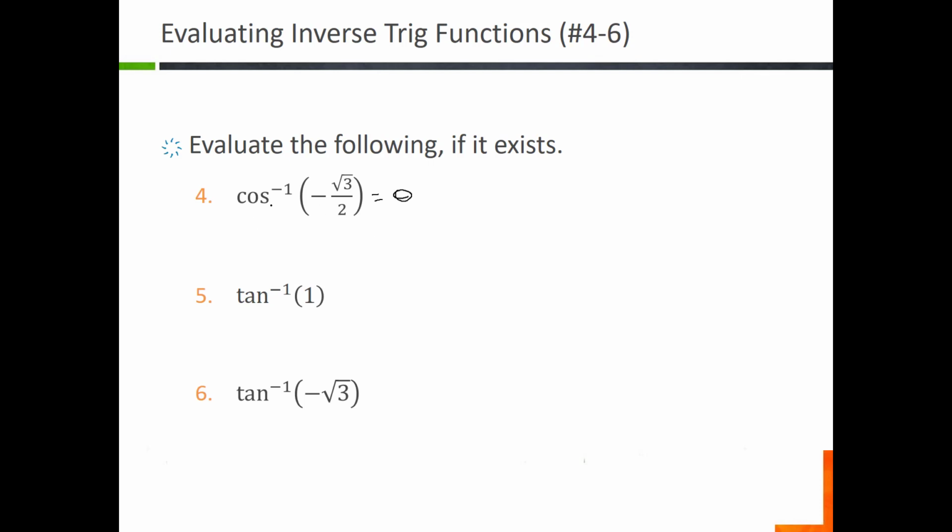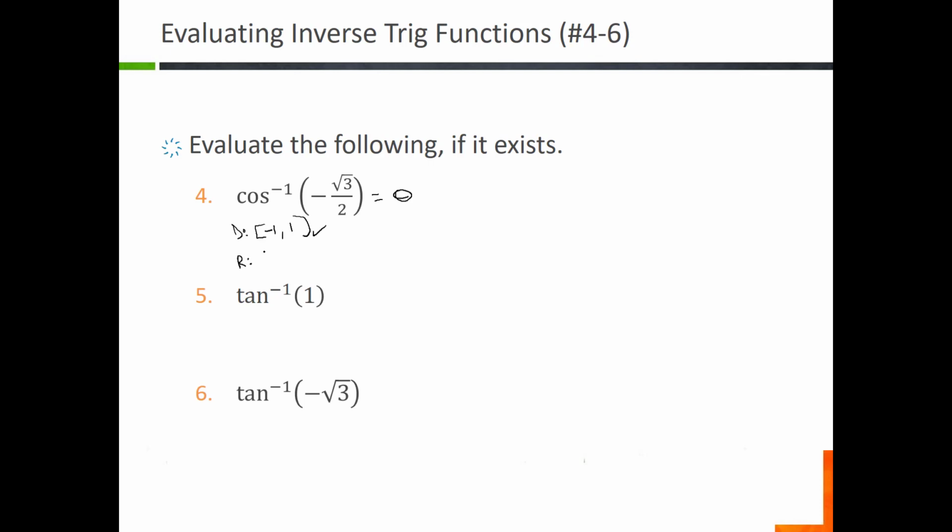What is the domain for cosine? It is from -1 to 1. Now this one's a little different. It's negative. That is between -1 and 1, so we're good there. And you can compute that on a calculator if you want. What is our range?